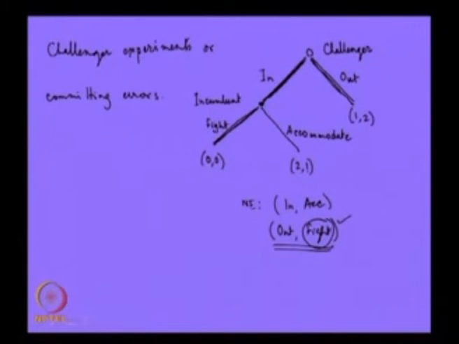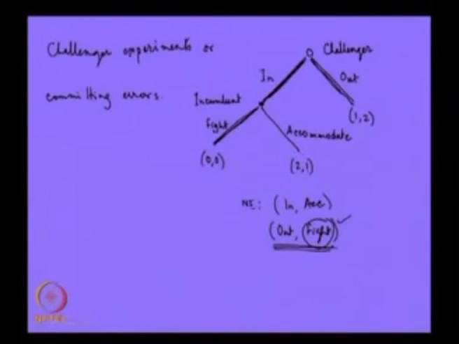So, it is optimal for the incumbent not to fight, it is optimal for him to accommodate. So, therefore, this sort of strategy profile that we are getting through Nash equilibrium is what we call not robust.